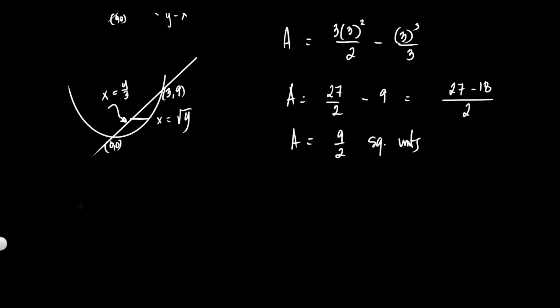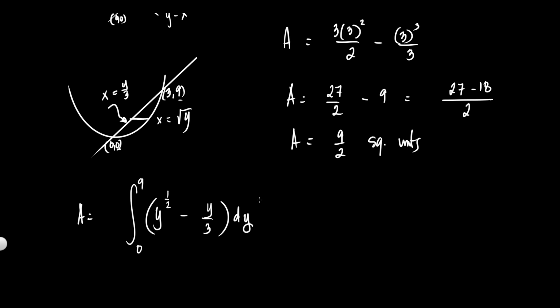Okay? So, the area is equal to the integral of x right, square root of y or y raised to 1/2, minus y over 3, times the thickness dy. Okay? Limits, tingin tayo doon sa y, 0 to 9.